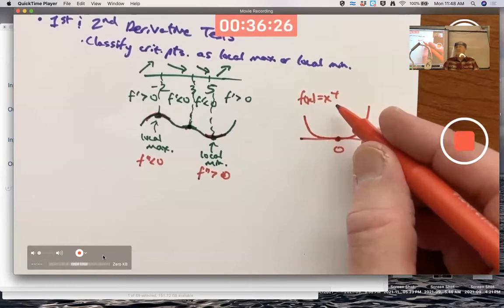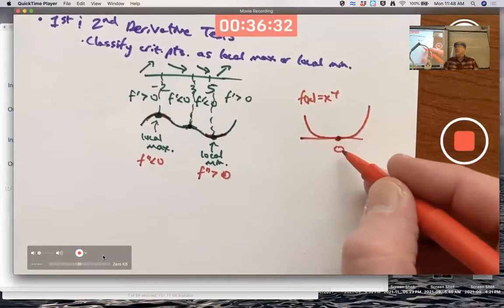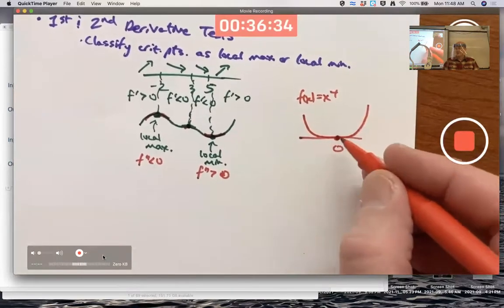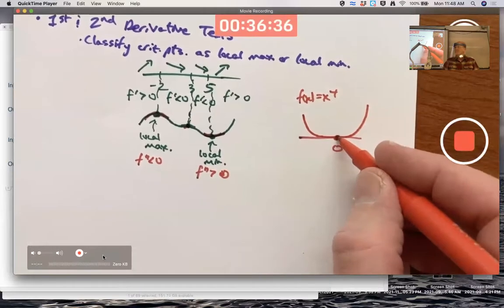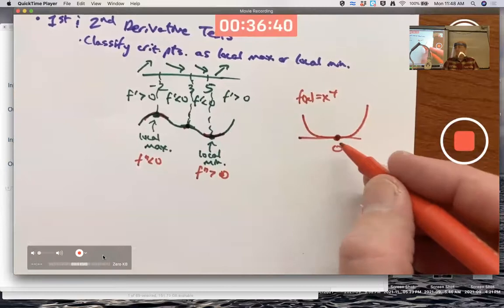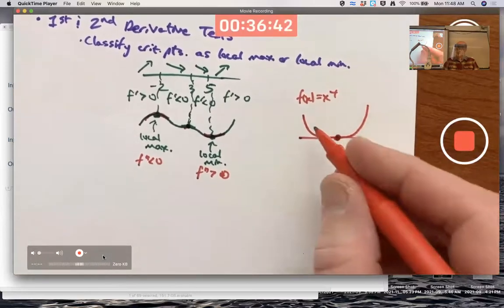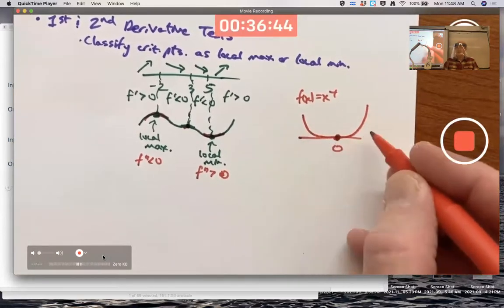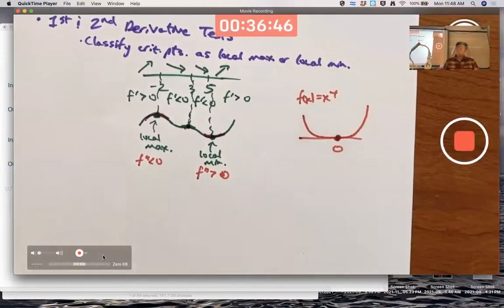If you plug in 0 to that, you get 0. So the second derivative test tells you technically no information at 0, but it really is a local min still. The first derivative test would tell you it's a local min because the first derivative is changing sign from negative to positive. So the first derivative test is more powerful than the second derivative test. It applies to more situations. But in most situations, both can be used.